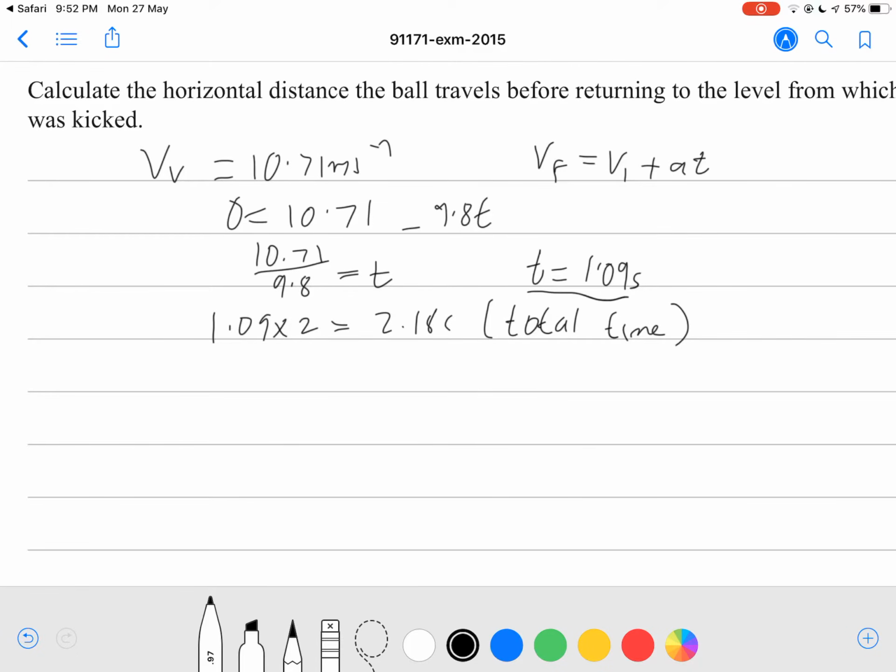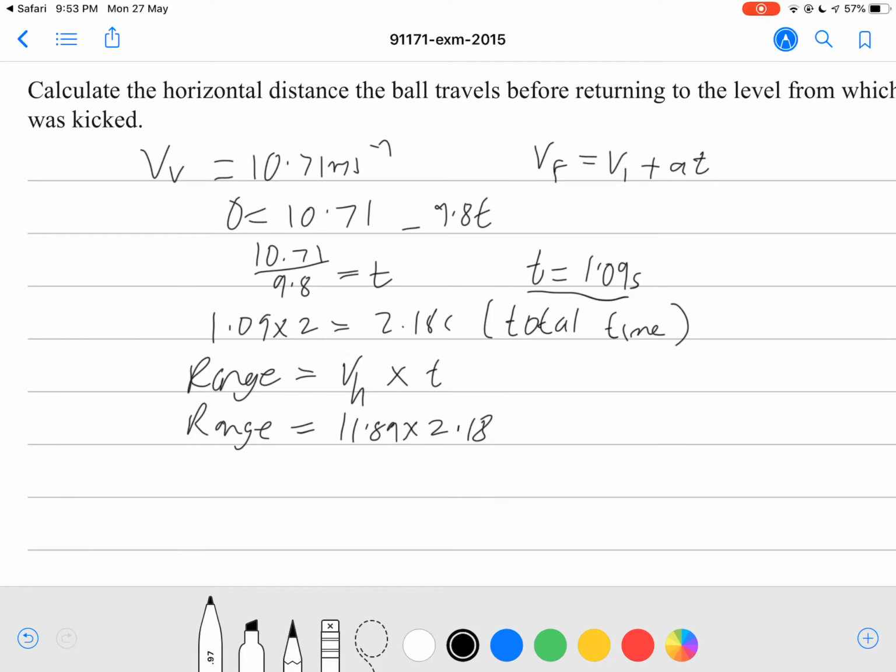So now we know the horizontal component of the velocity, and we know the total flight time, okay? So we can simply say that range equals horizontal velocity multiplied by time, okay? So range equals 11.89 multiplied by 2.18, and plug this into our calculator.